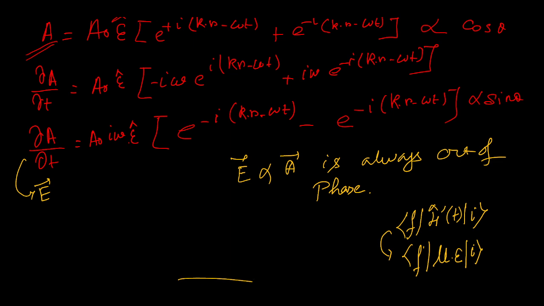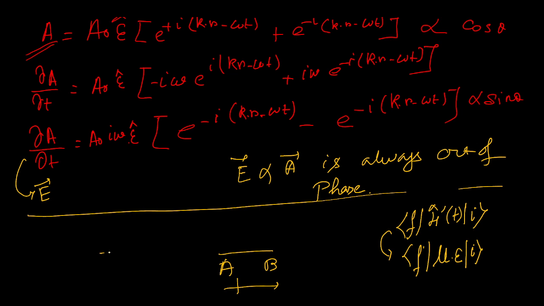So if a diatomic polar molecule AB having a permanent dipole moment is like this, and your electric field is going like that, this is a plus direction, this is a minus direction.